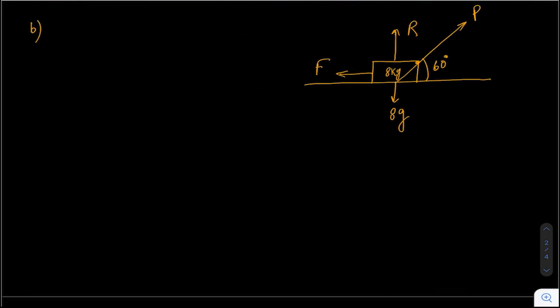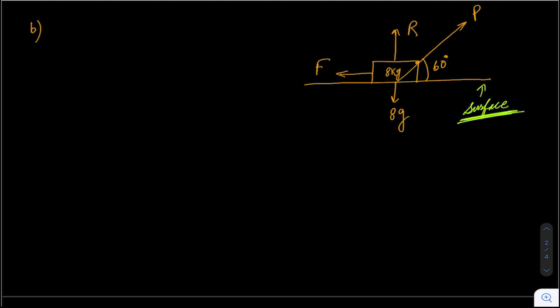Again, they are saying that the system is not moving. System not moving means the horizontal forces and vertical forces are balanced. And now we need to find the maximum value of P. So again, I will write the equations. Now this is my surface, right? Remember in the first question what we talked about, we need to resolve all our forces parallel to the surface and perpendicular to the surface.